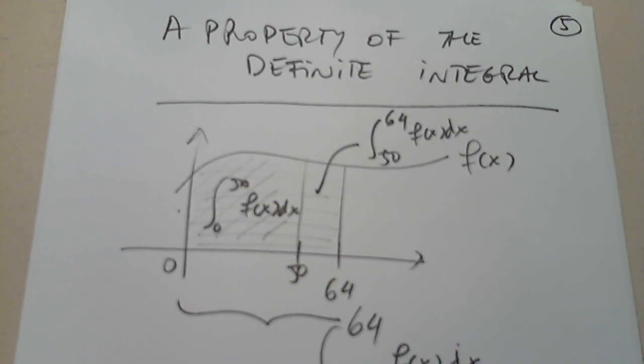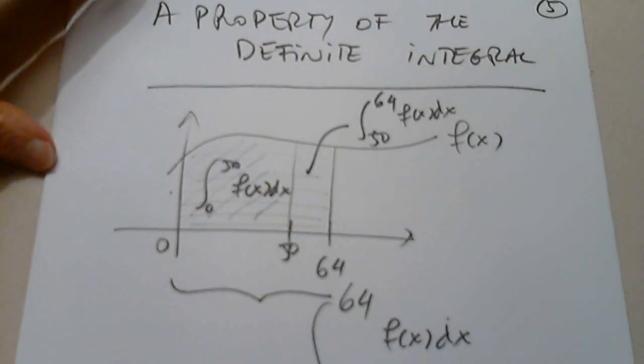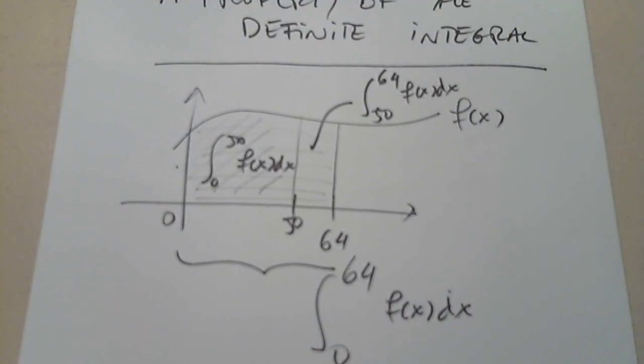How far does the particle travel during the first 5 seconds, and then, based on the property that we just discussed, how far does it travel during the second set of 5 seconds?